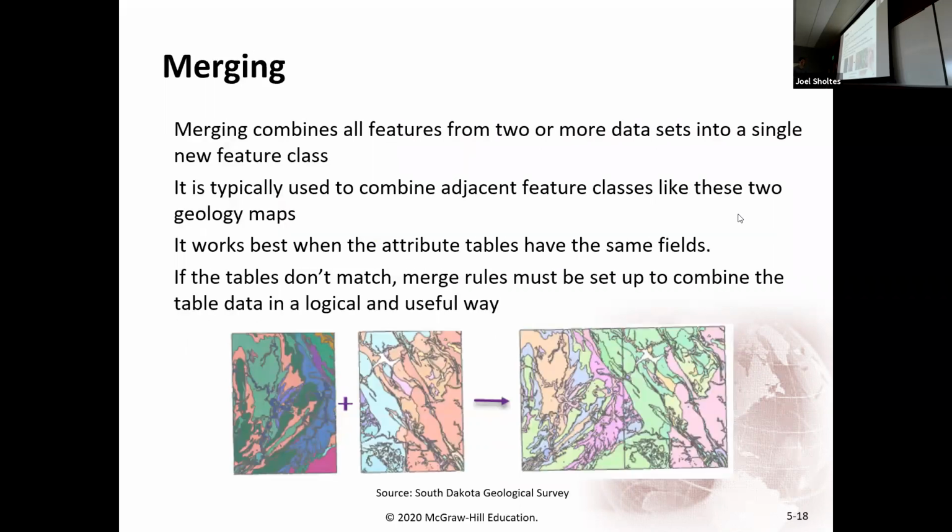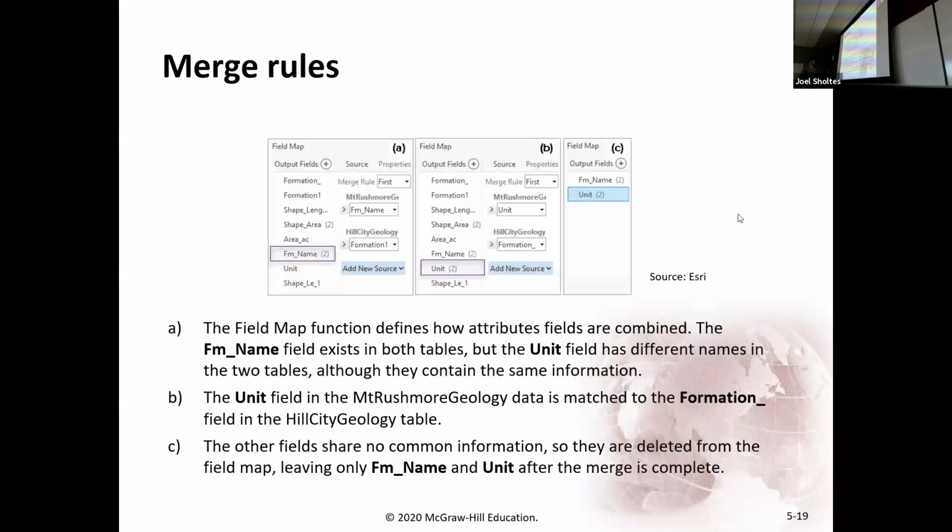We can merge different data sets together. These are two shapefiles, and I create one shapefile that's merged them. And then now they share the same color scheme and everything. This would be like two quadrangles of a geologic map, two adjacent quadrangles.